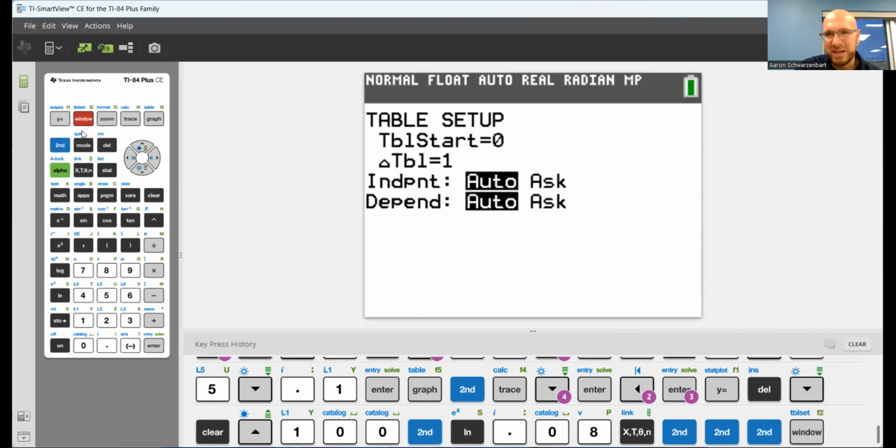That means it's going to functionally give me like an XY table that's going to look something like this, and it's going to do Y1. And delta table is going to be how much does each, so this little line here, how much do I increase by?